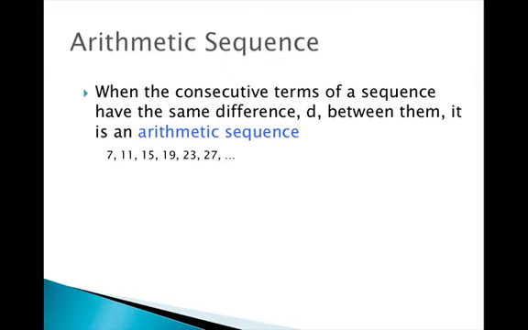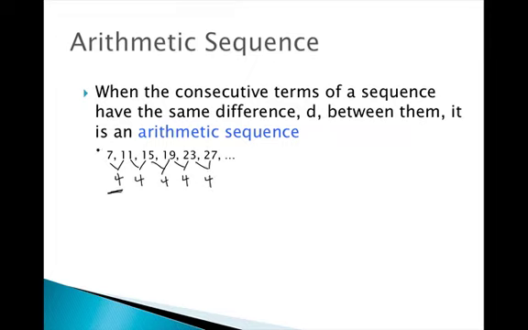So for example, we've got the following sequence: 7, 11, 15, 19, 23, 27, and it goes on and on. We can see the difference between 11 and 7 is 4. Between 11 and 15, 4. 15 and 19, 4. 19 and 23, 4. 23 and 27, 4.